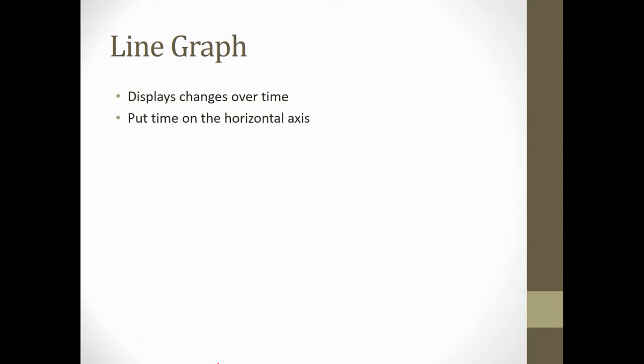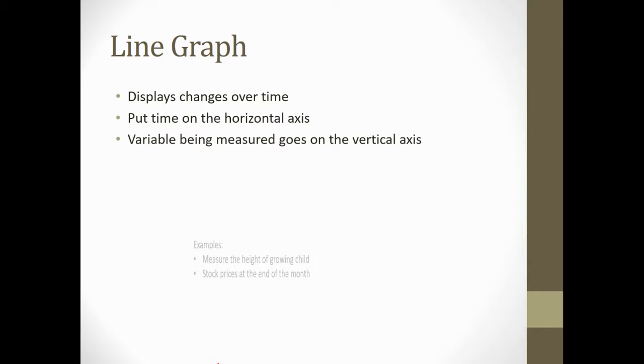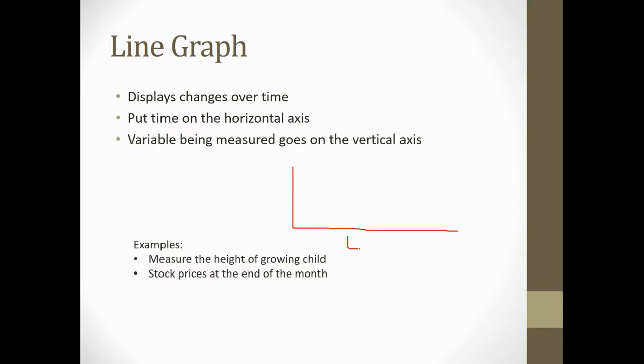Okay, a line graph displays changes over time. The time is on the horizontal axis. The variable being measured goes on the vertical axis. For example, if we measure the height of a growing child, so if we put the time on the x-axis and the height on the y-axis, when we go to the doctors, we get height measurements.